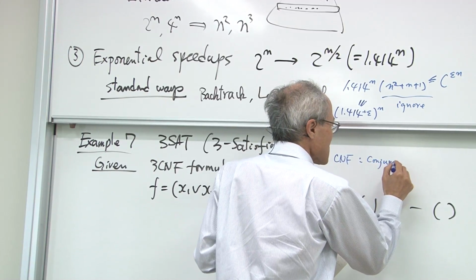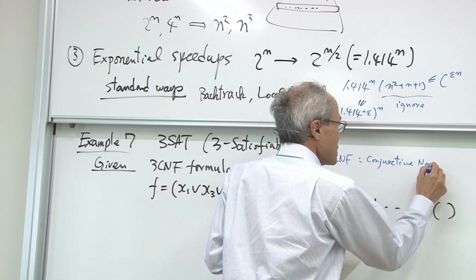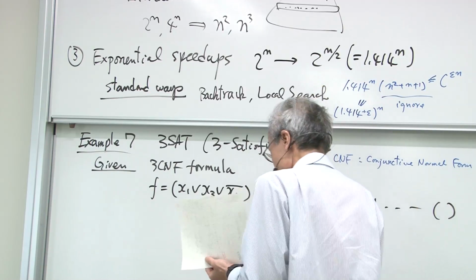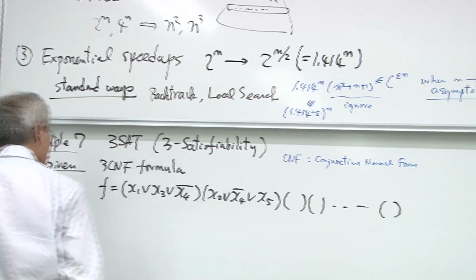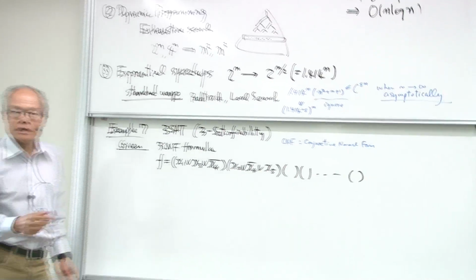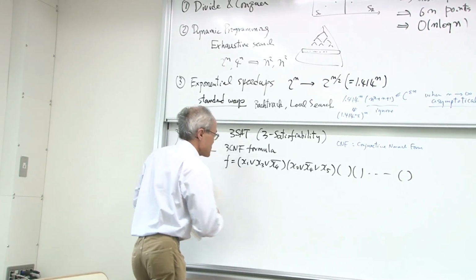Conjunctive normal form means the formula is a set of clauses. So we call this a clause.